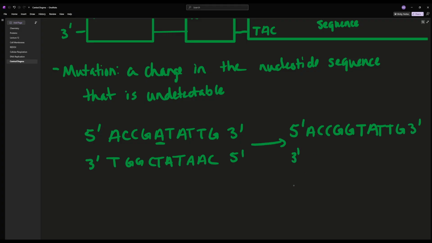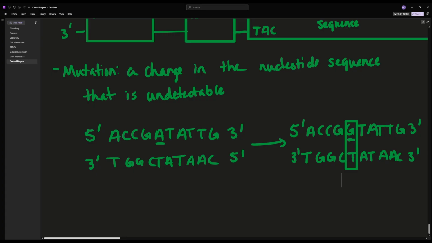But I'm only going to do it for one strand. So I'm going to have T, G, G, C, T, A, T, A, C. Notice how these two are non-correct base pairing. This could be detected.